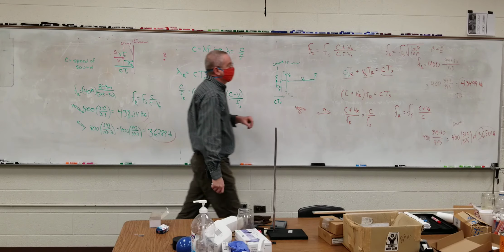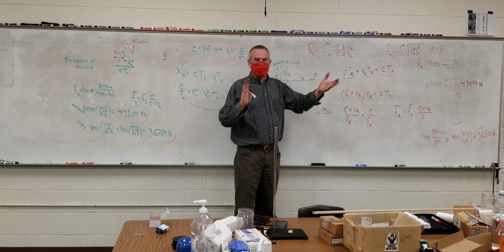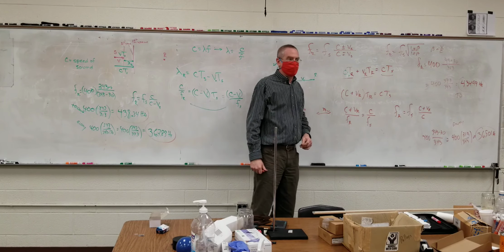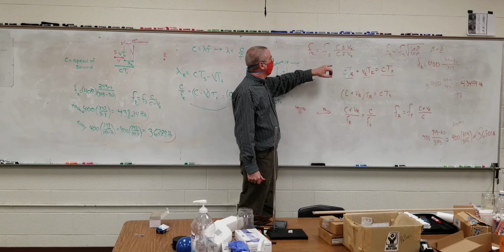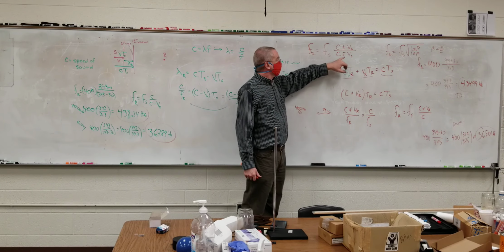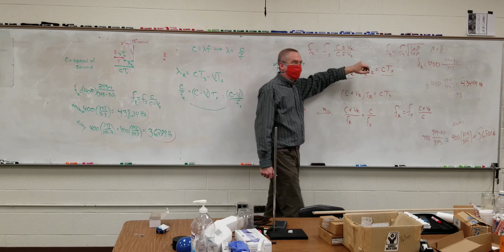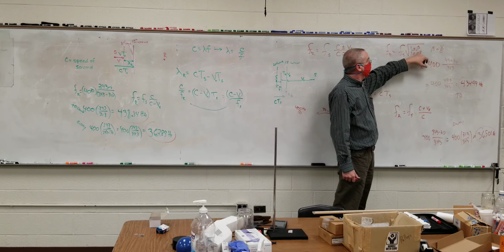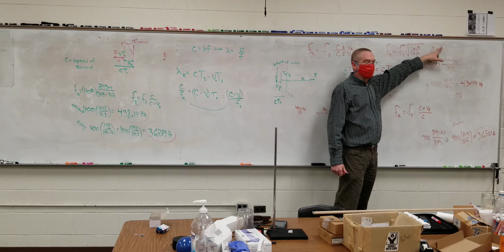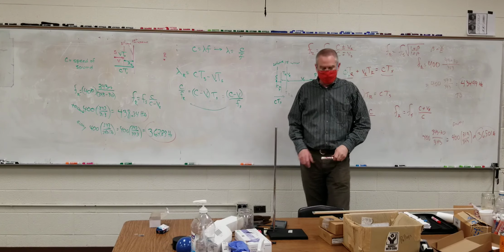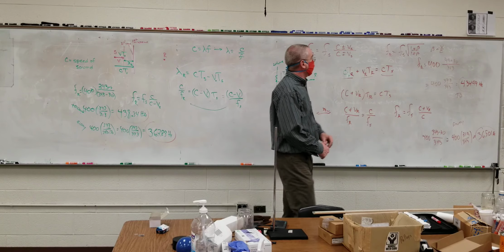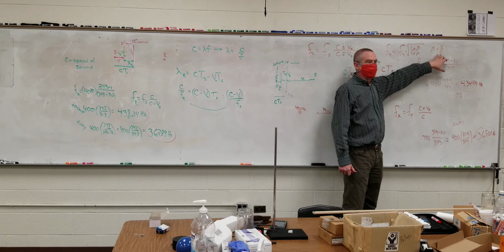In this case, there just needs to be relative motion. You're not playing around with, is it the other object moving or are you moving? When you get to light, you're not worried about that. And so this is the relative speed of the two objects. And C in this case is the speed of light.